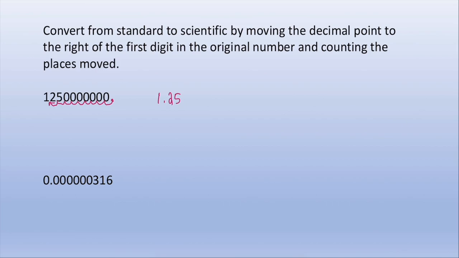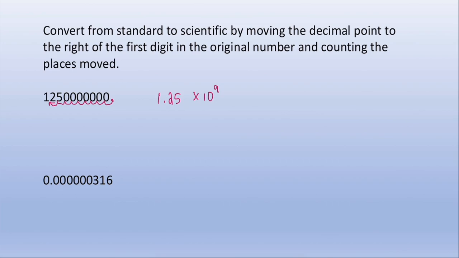How many places did I move to get to that spot? 1, 2, 3, 4, 5, 6, 7, 8, 9. And I moved it to the left. When you started out with a large number and you had to move your decimal 9 to the left, we need a positive 9 in our answer. So if it's more than 10, you should get a positive value.